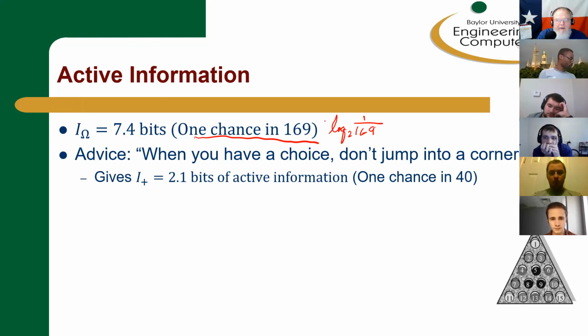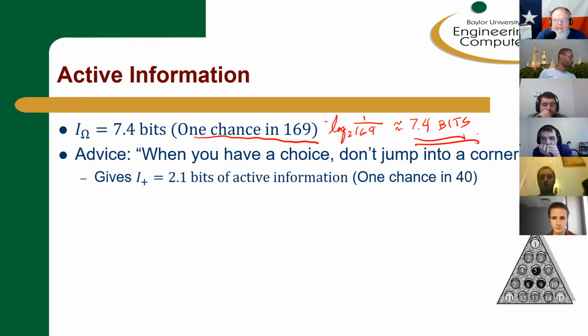So if you take the minus log base 2 of that, it's about equal to 7.4 bits. Now, again, I like bits because that tells me more intuitively what the probability is. It's the probability of flipping a fair coin and getting 7.5 heads in a row.